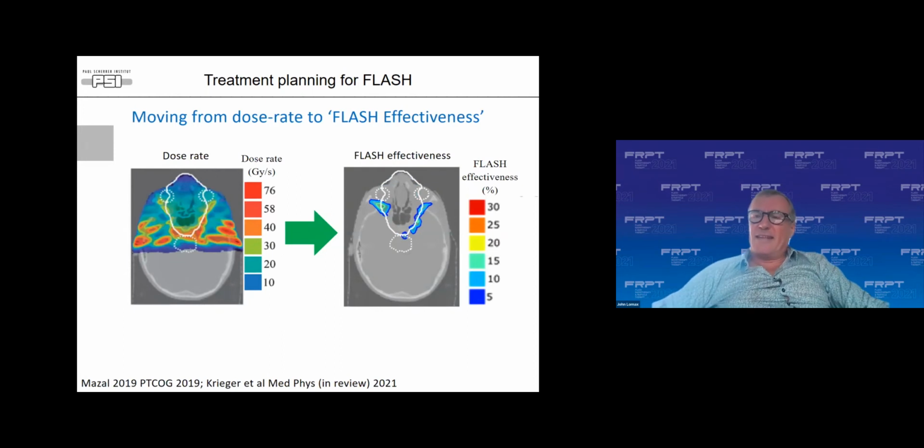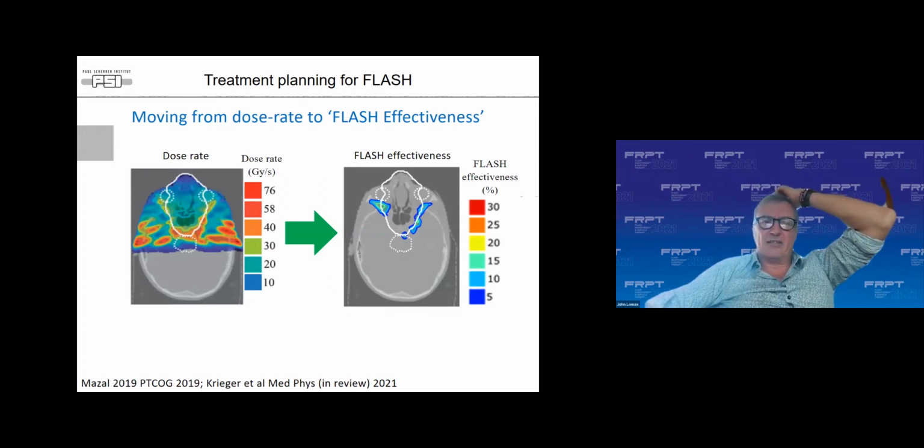So we've also taken the next step, and this is work done by Miriam Krieger, but based on a model first proposed by Alejandro Mazal, actually at the PTCOG conference in Manchester back in 2019, and we've incorporated this model into our treatment planning system. So this now moves from dose rate to actually trying to predict a three-dimensional spatially varying flash effect distribution.